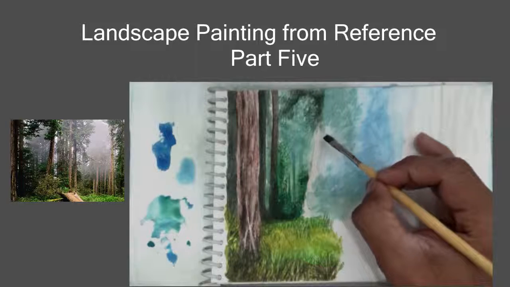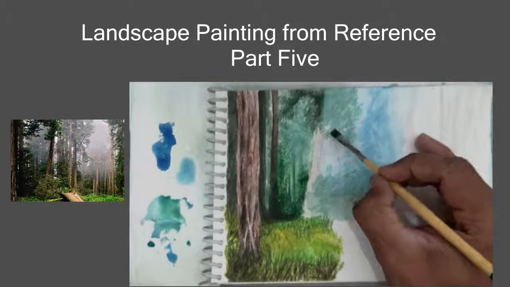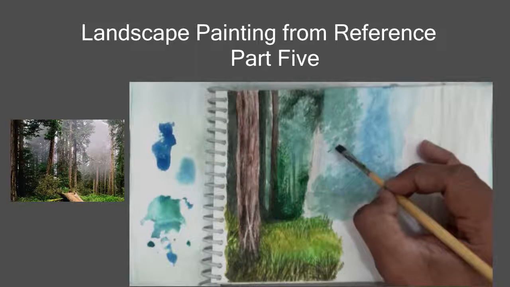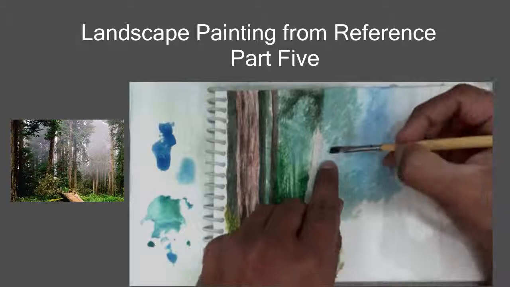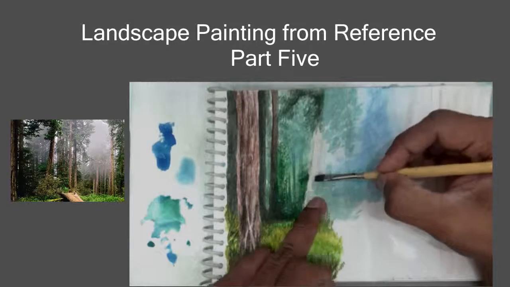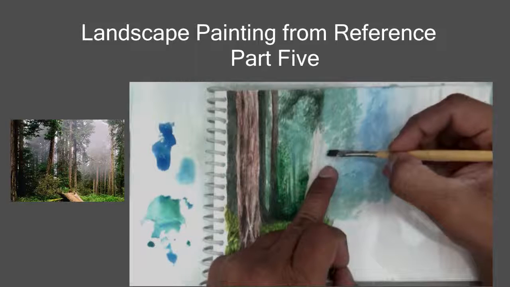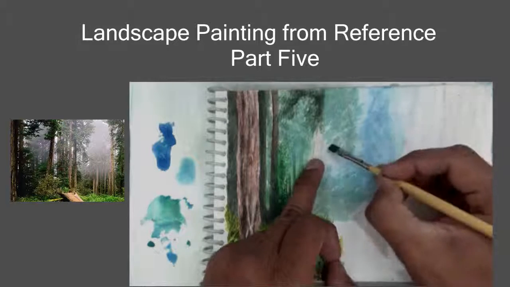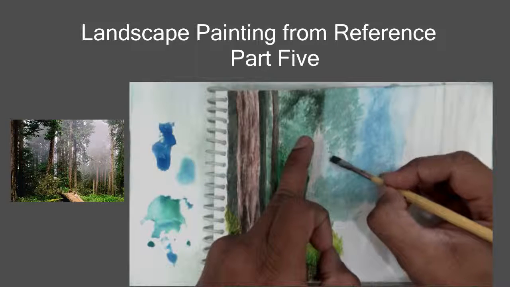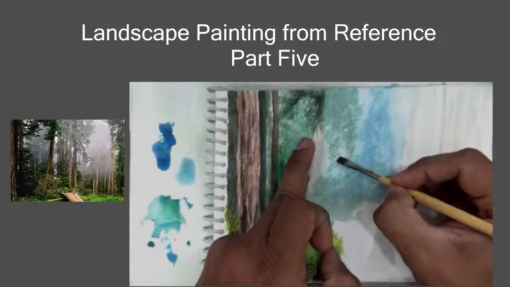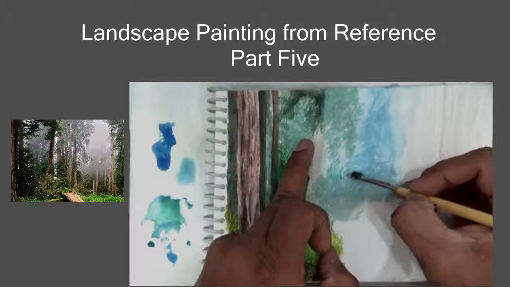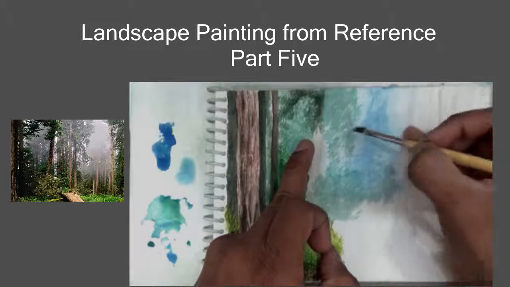In this way we can do the light part, and be careful while doing this because there is a light part between the leaning tree and the standing tree. This is my leaning tree and here is my standing tree, so I have to maintain that lightness here, and the rest of the part I can cover with this.